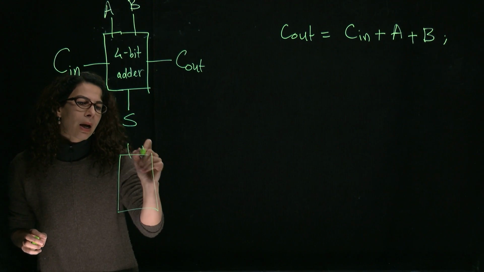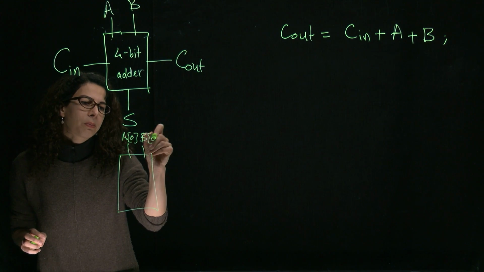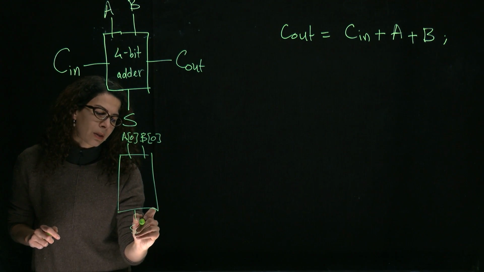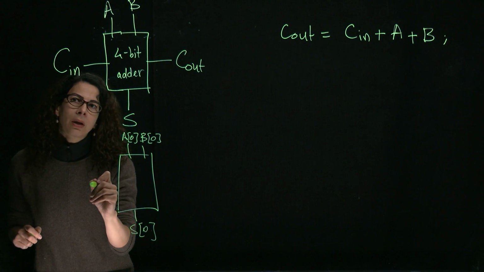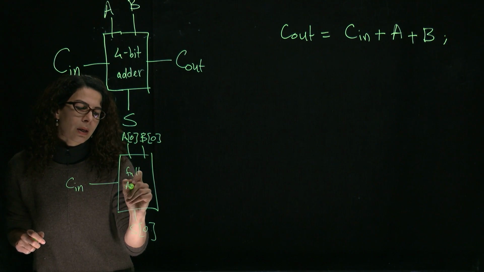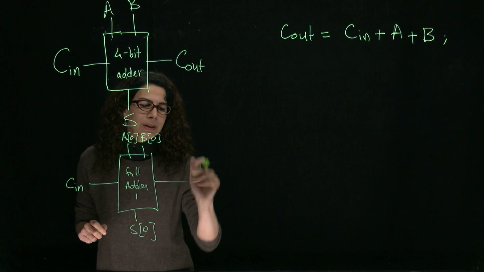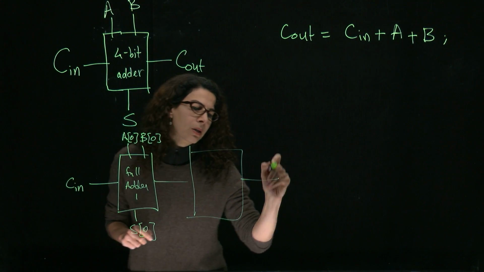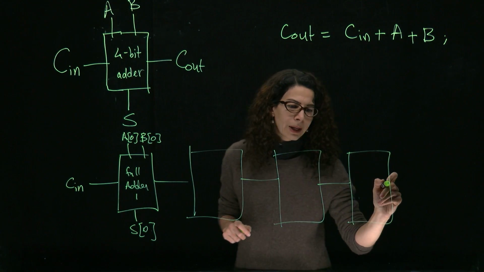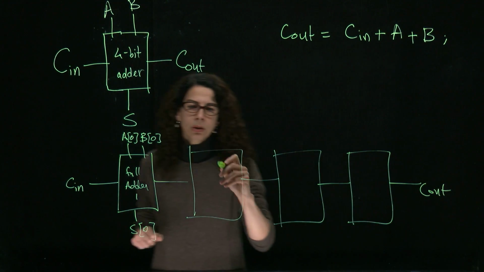Simply put, I have A0, B0, and S0. Here is Cin. This is full adder 1. Then I'm going to connect it to the second, third, and fourth full adders. Then I'm going to get the Cout, which is the output I was looking for.